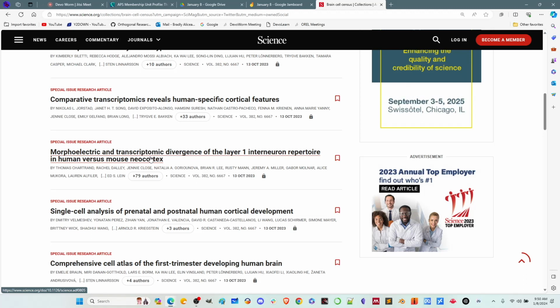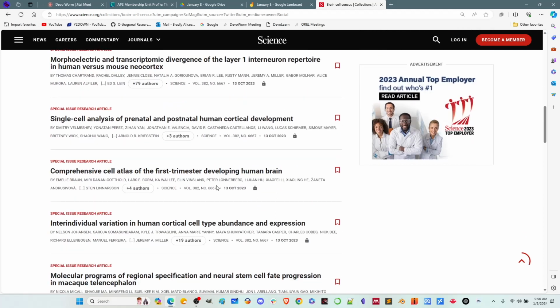Layer 1 has different properties in human versus mouse, and you can look at that in these two ways. You're taking a part of a region of a tissue type, and looking at the cells there and the diversity and how they differ between species.